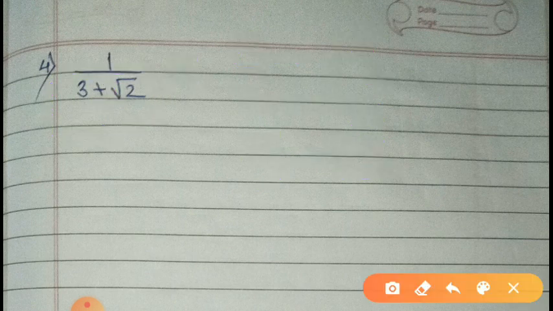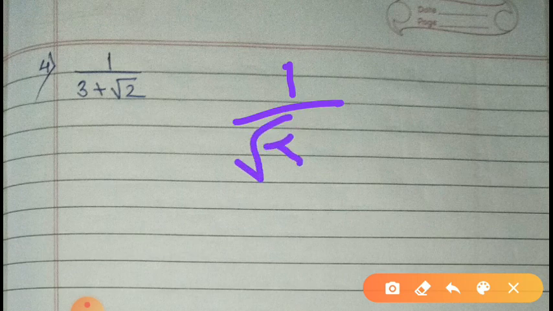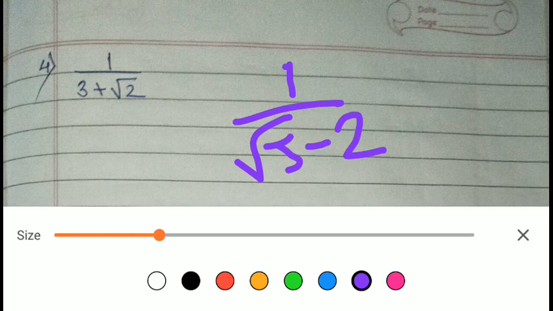Suppose I have the question as 1 by root 5 minus 2. In this case, again, what is the denominator, monomial or binomial? I have it as a binomial. What is the sign in between? It is minus. That means with what number should I multiply there? Just change the sign.